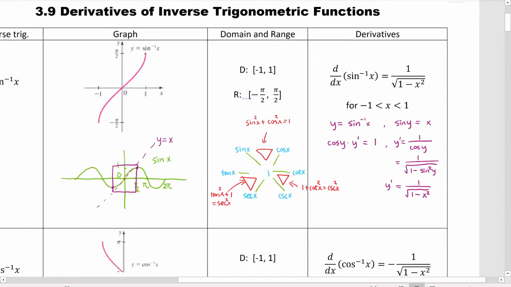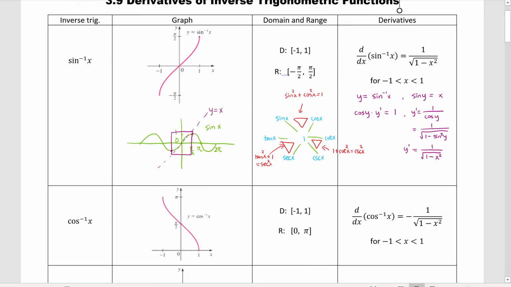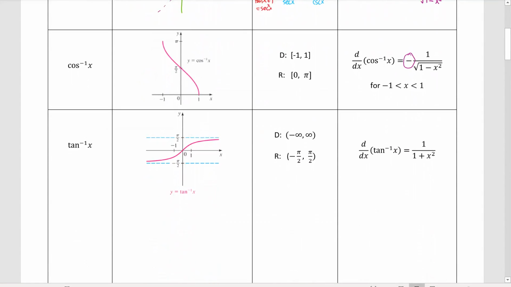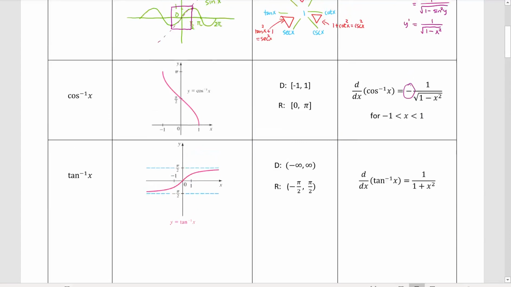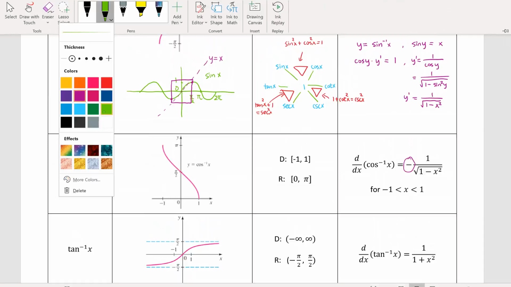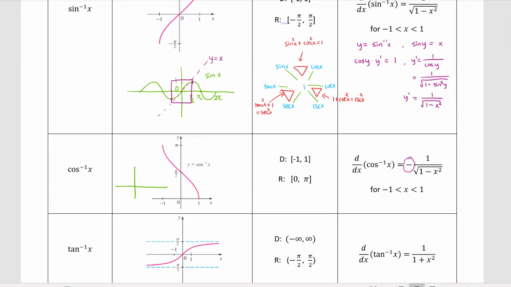The way to find the derivative of arccosine is very similar, and you can see the derivative of arccosine is just the same with an extra negative in front of it. Let's look at the picture. What's the picture of cosine? The picture of cosine is this.